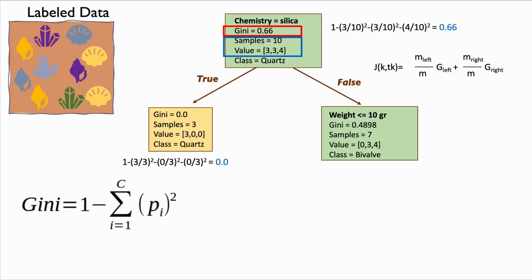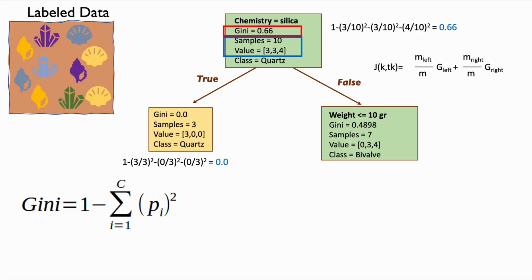Now the other side of the tree, which is false, is not as pure because we have both the gastropods and the bivalves in that particular class. So what's the Gini number? Well, if you do the math, the Gini number comes down to 0.4898. And of course you can continue dividing this particular branch, because this is not a leaf node, further and further using the same CART equation. And you can ask another question.